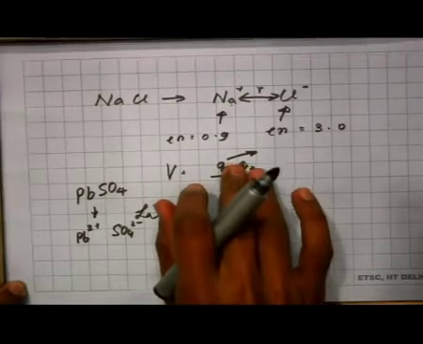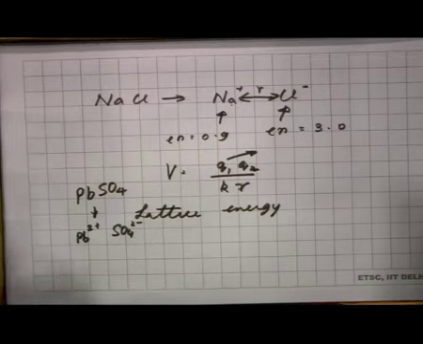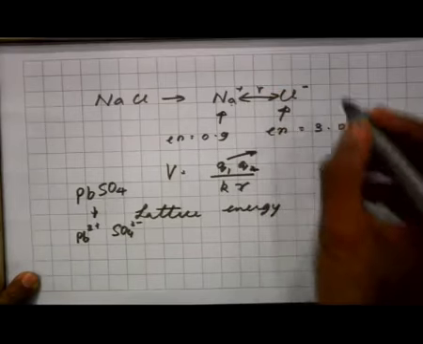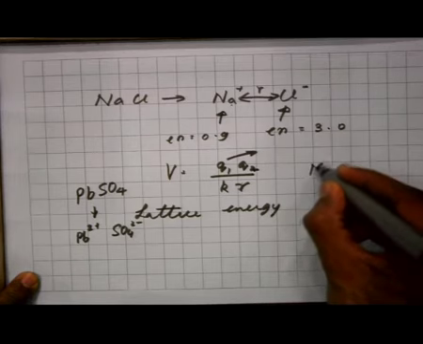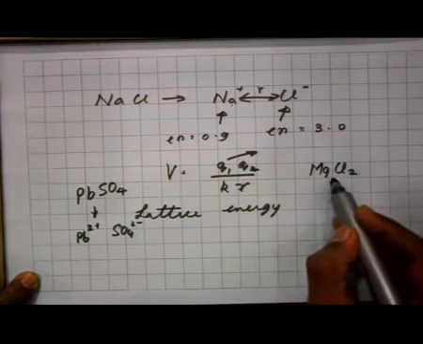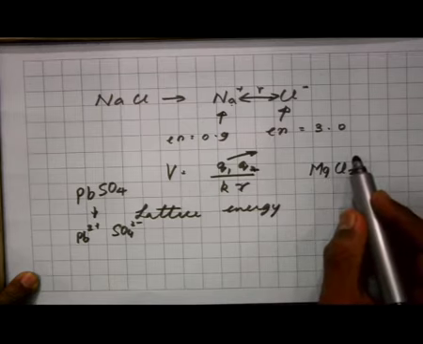The lattice energy is critically dependent upon the electrostatic interaction between these two ionic species. You can imagine if I go from NaCl to MgCl2, you expect that the lattice energy would be even higher.